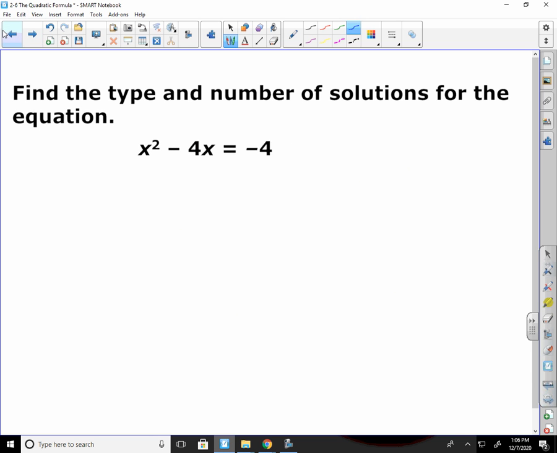All right, try this one, and then we'll move on to our last type of question for this. All right, first thing we have to do, add the 4 over to the other side.